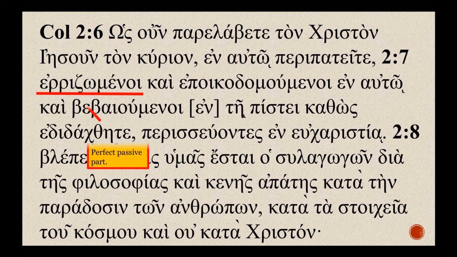This is a perfect tense. Rhizoo is our verb, perfect passive participle. Okay, and notice we have the reduplication on the front of here. But this is perfect passive. We stand in the state of being rooted in, and then these are both present tense: being built up and being rendered steadfast or stable. So it's having been rooted in, and these two things are now happening out of that.